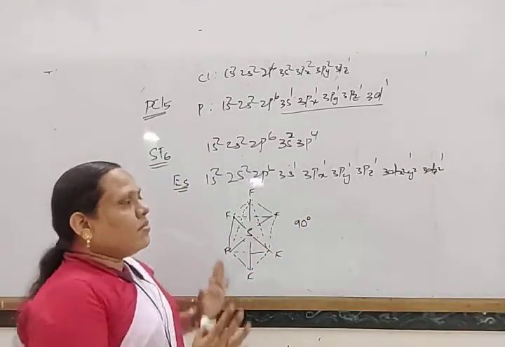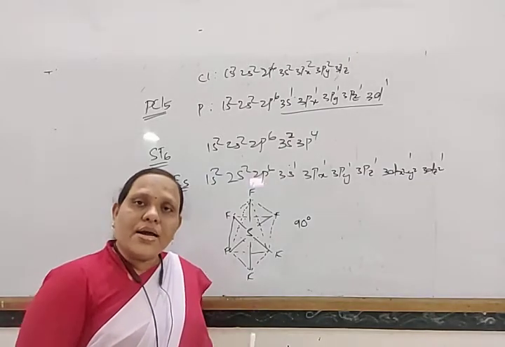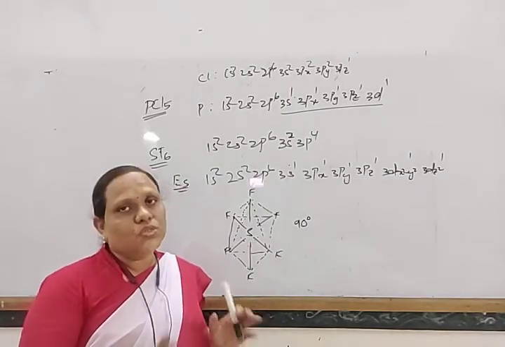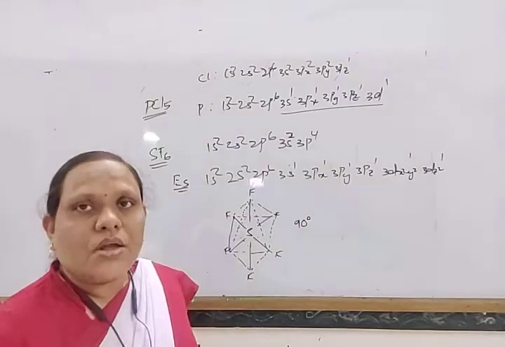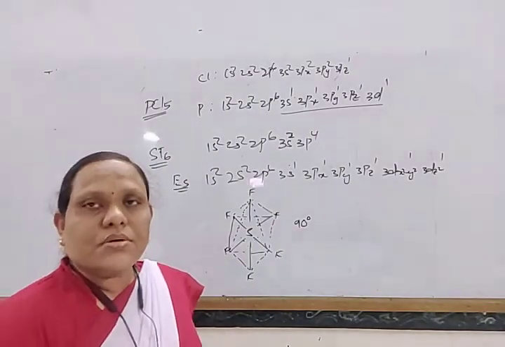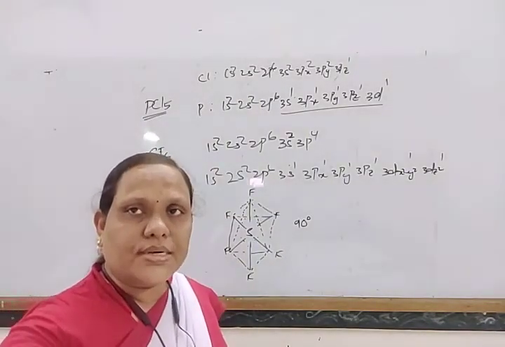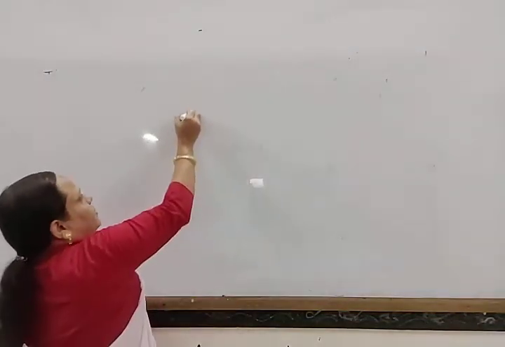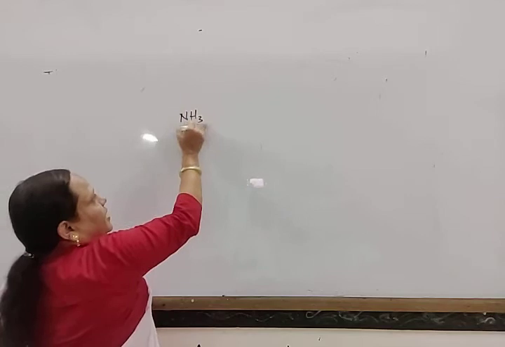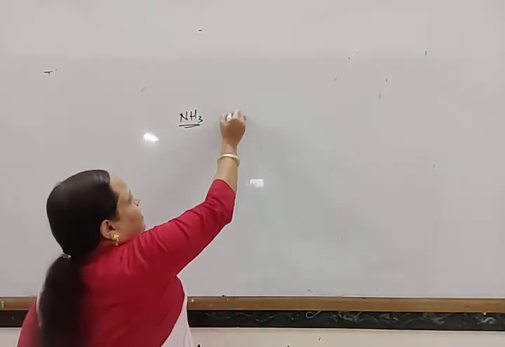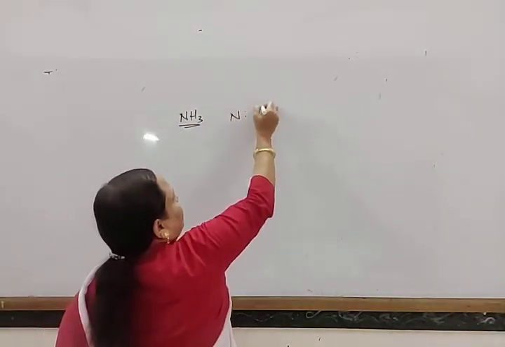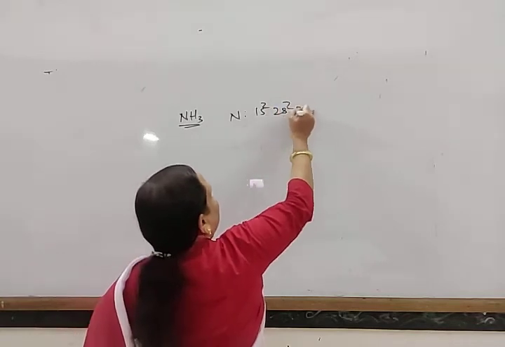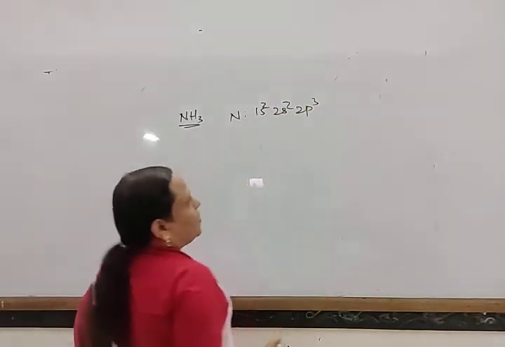So these are some examples of molecules of regular geometry. Now let us look at molecules of irregular geometry. Look here, for example, ammonia, NH3. Nitrogen is the central atom, electronic configuration 1s2, 2s2 and 2p3.